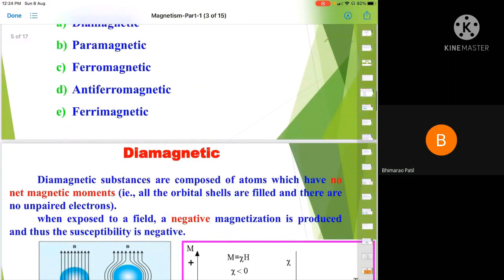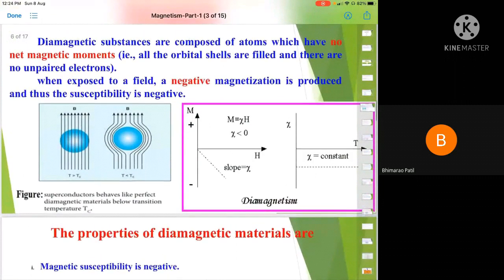First one, diamagnetic material. Diamagnetic substances are composed of atoms which have no net magnetic moment. Why? In diamagnetic substances, each electron is paired with another electron. The magnetic moment produced by one electron due to its spin is cancelled by the magnetic moment produced by the other electron, and therefore no unpaired electrons are present in diamagnetic substances.